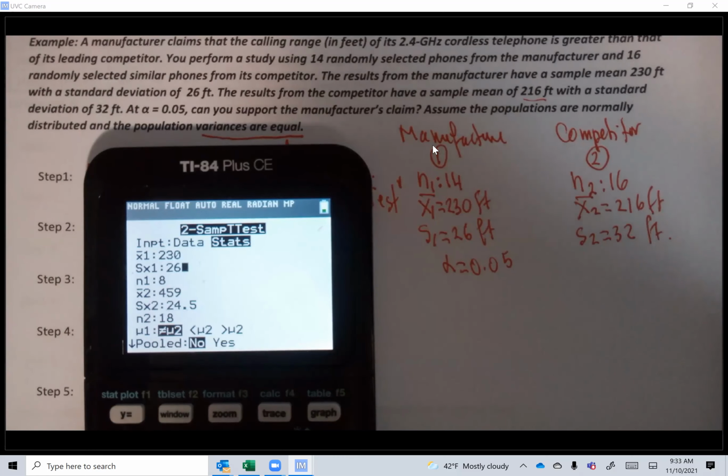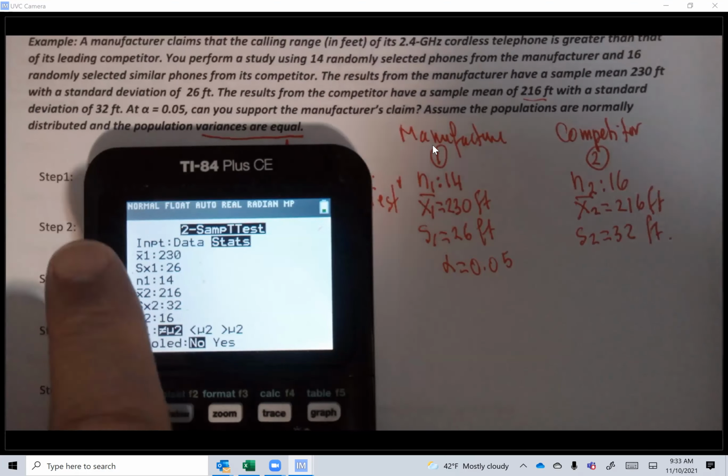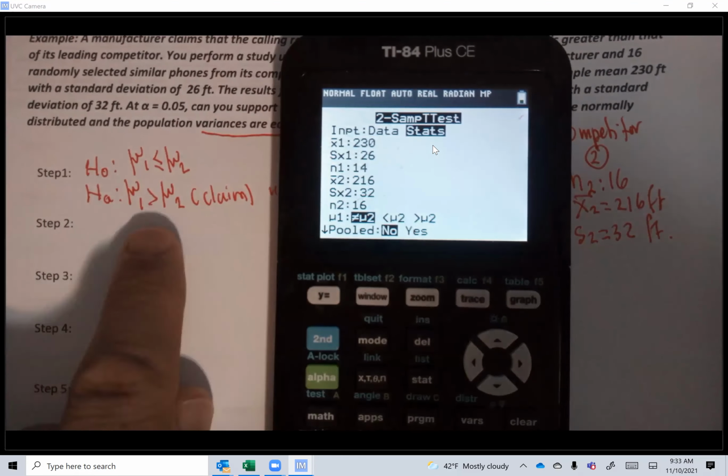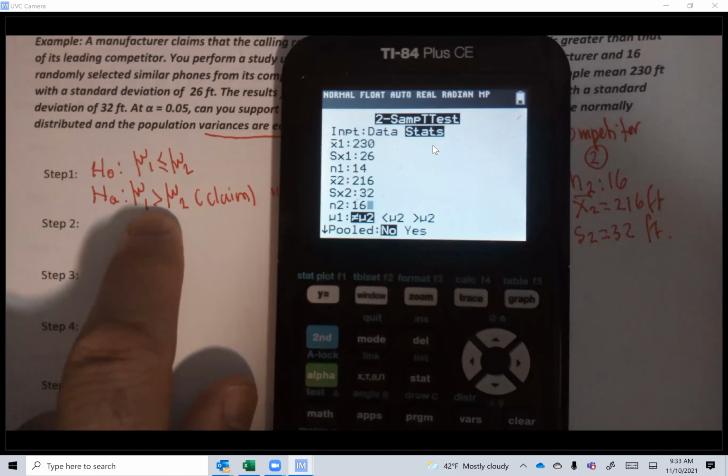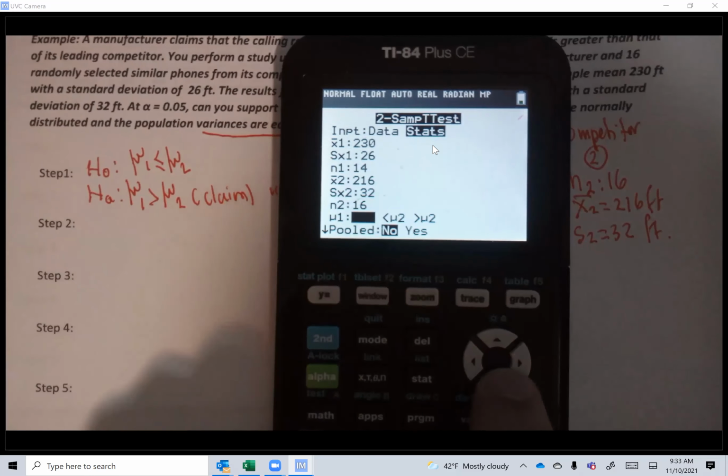S1 is 26, and n1 is 14. X2 bar is 216, S2 is 32, n2 is 16. We need the alternative sign, guys, which is going to be selected now.